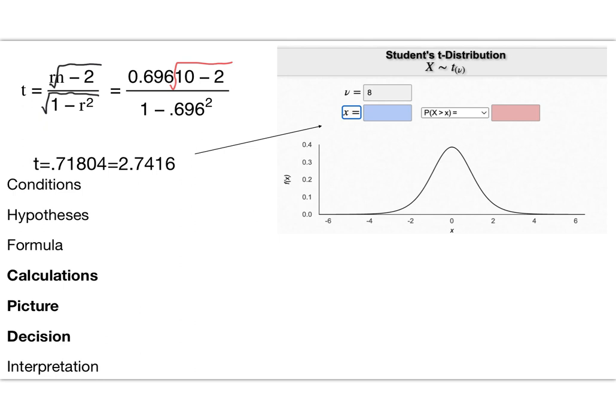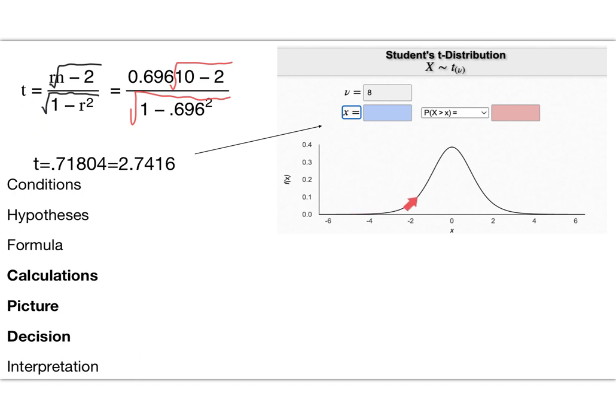There were 10 points on that graph. That's why it's 10. Some mistakes I see is individuals will say, well, there's 20 points, which is true, but there's 10 pairs. So it's 10 data sets, 10 points on that graph, 10 minus 2. And then 1 minus 0.696 squared. And I'm also missing the square root there. There it is.